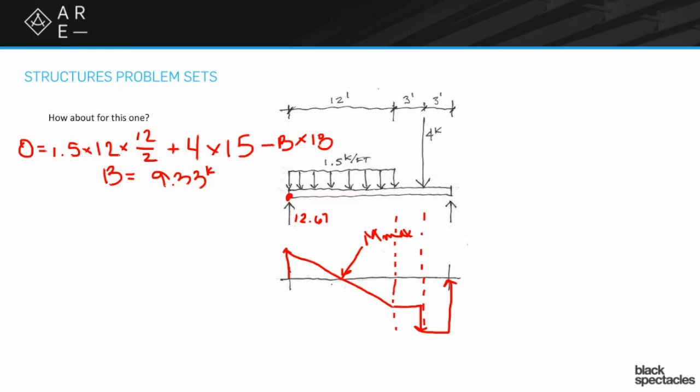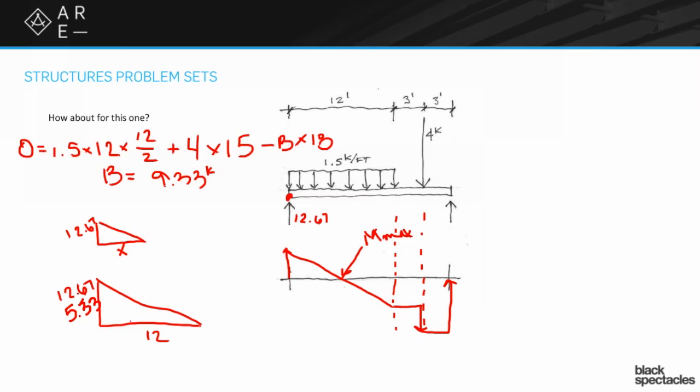But we have to figure out what it is. And there's a couple of different ways you can do it. I like to use similar triangles just because it's graphic for me. So I have one triangle that I know it's 12.67 over some unknown value, but then my other triangle has to be the whole thing, where it's the total of 12 feet down here, but then it's 12.67 plus the 5.33.